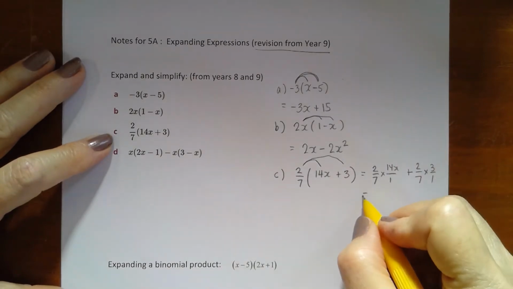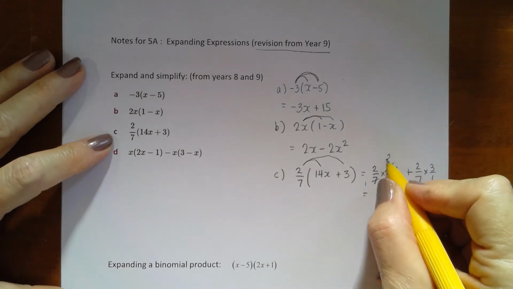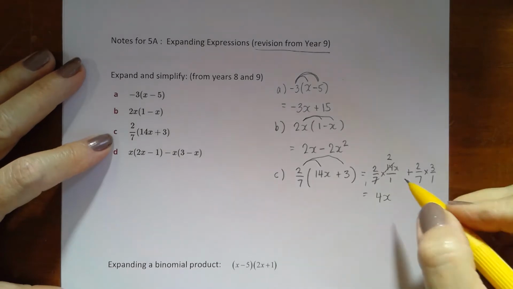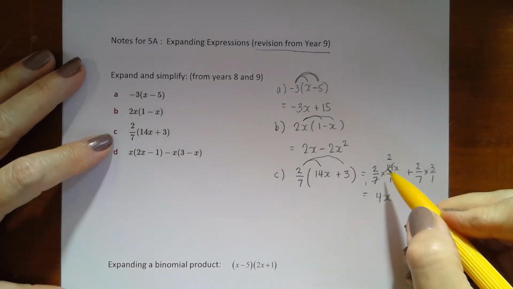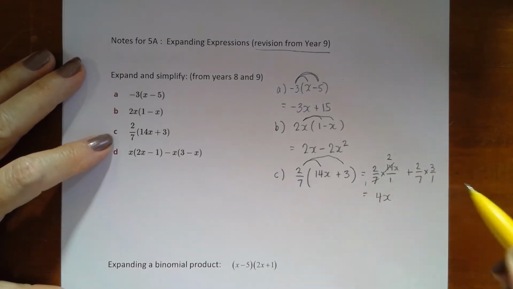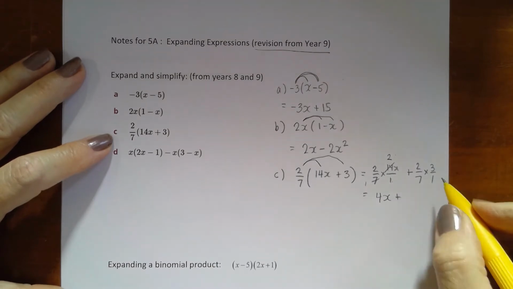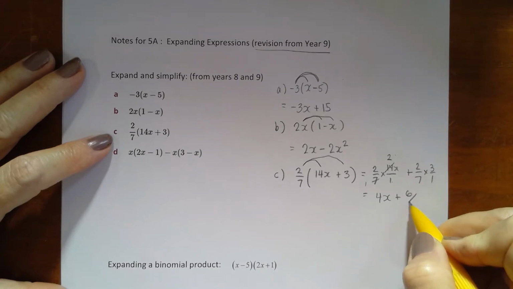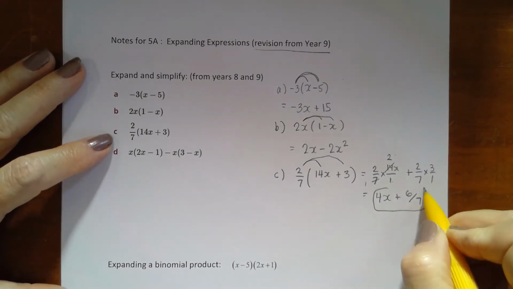So that gives me 7 goes in here 1, 7 goes in there 2. That gives me 4x, because I get 4 on 1. When you have a fraction, you multiply across the top, multiply across the bottom, plus, there's no crossing out here. Nothing crosses out. So I do 2 times 3 is 6 on 7. That's my answer for C.